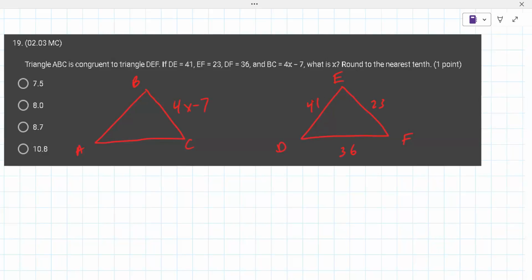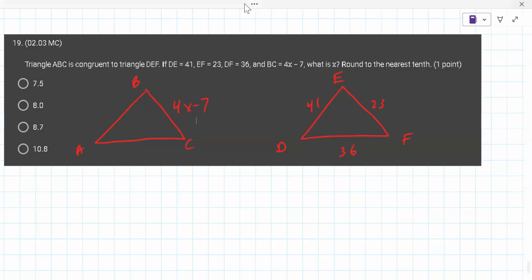So which two sides are congruent based on the way I've drawn this? DE and EF and AB and BC. No, triangle to triangle. I've drawn them exactly the same. A and D, and then B and E, and C and F.